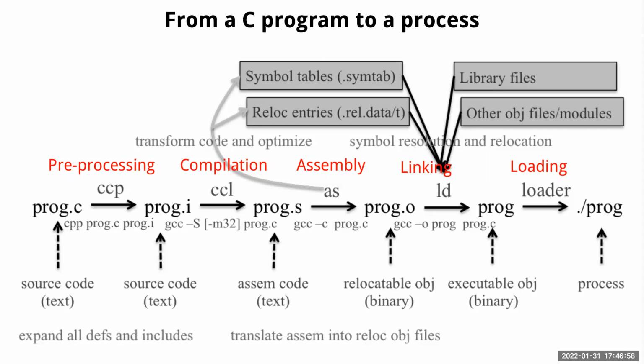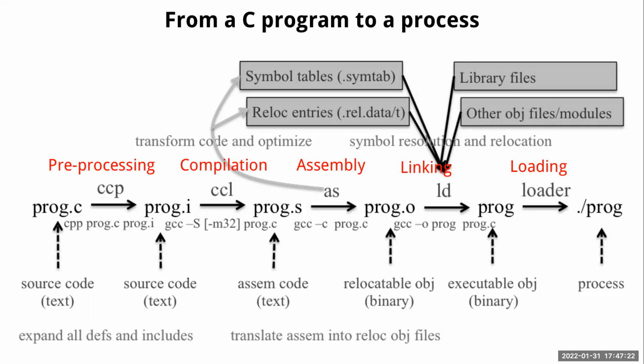Object code has machine instructions. Everything in those first three steps is still text, even the assembly code, still human readable. After this step, the object code is binary, and inside are machine instructions.